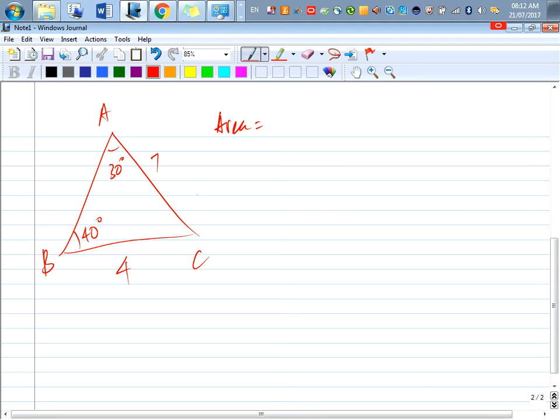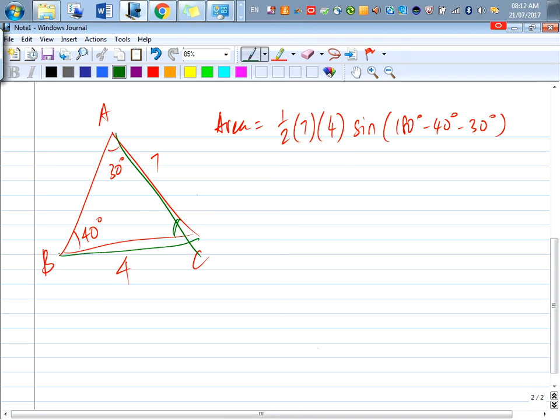The rest, focus. What is the area given by? Area. Numbers. I want numbers. Okay, everybody understand why we need the included angle? This is the included angle because I have one side here, one side here. Okay, straightforward.